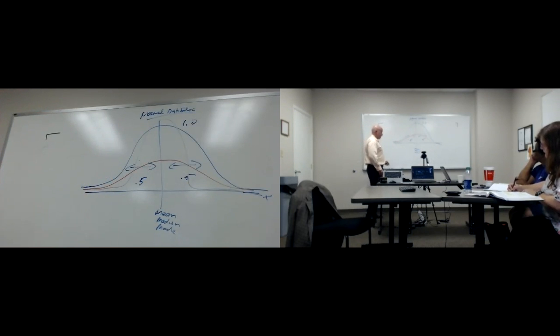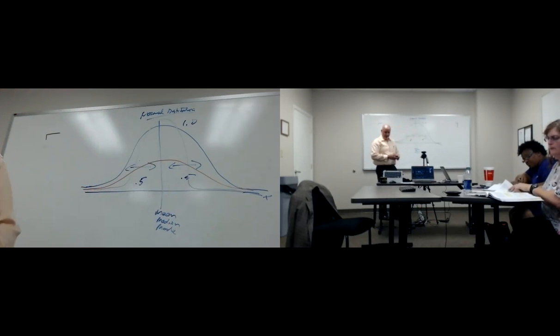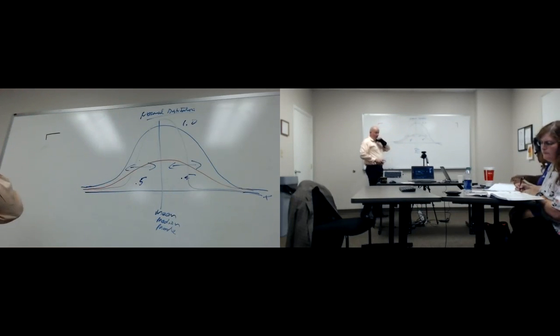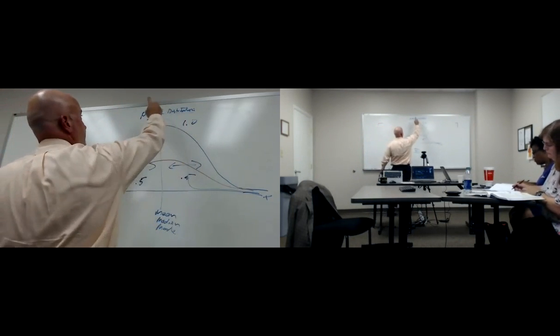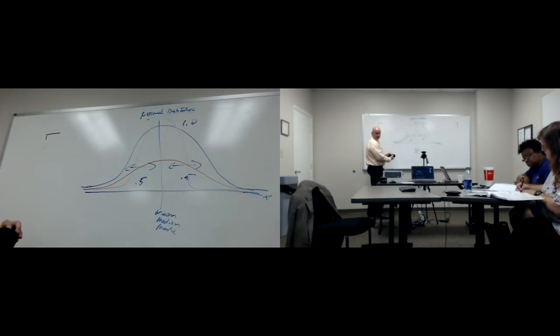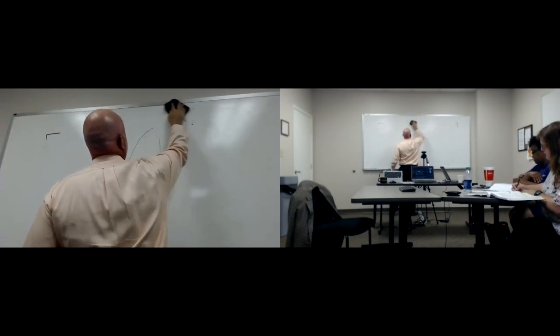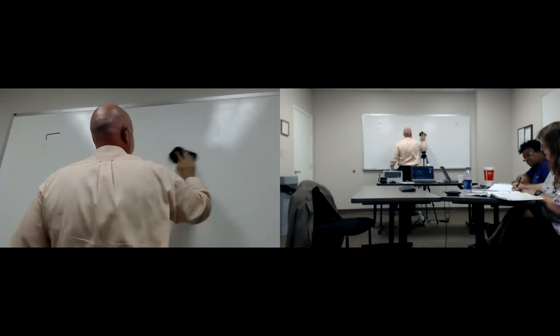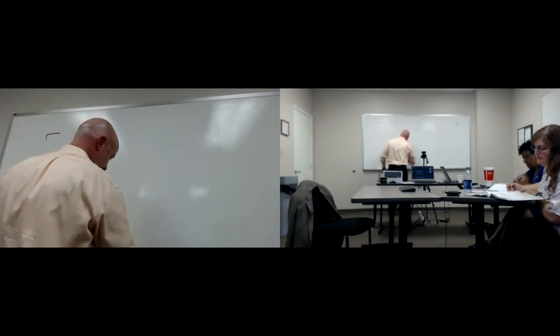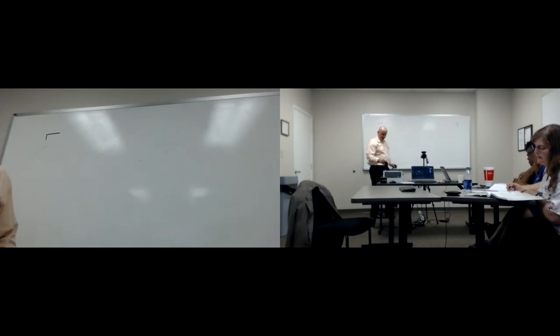Now the standard normal distribution is called what? Z value. The Z value. Tell me a little bit about the Z value. The signed distance between a selected value designated x and the mean divided by the standard deviation.